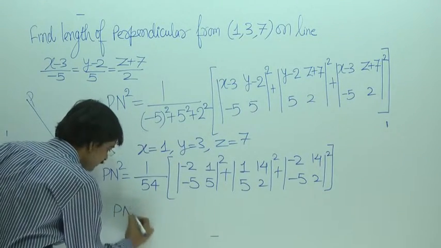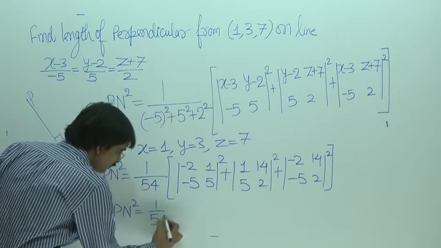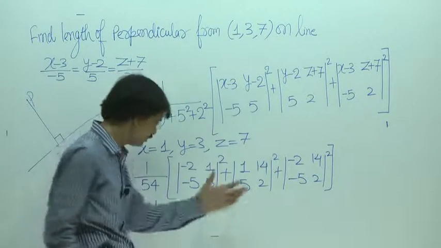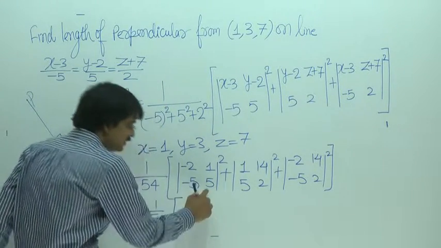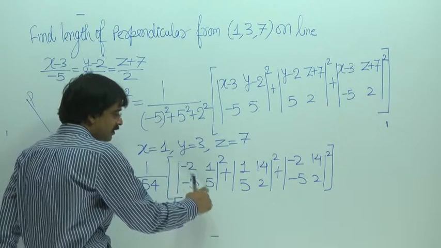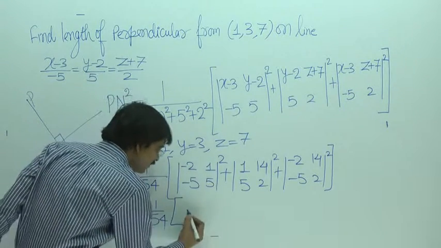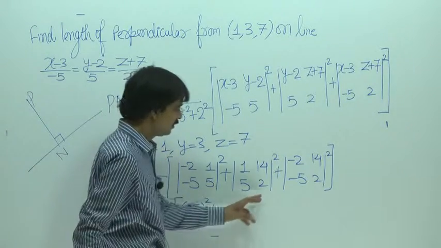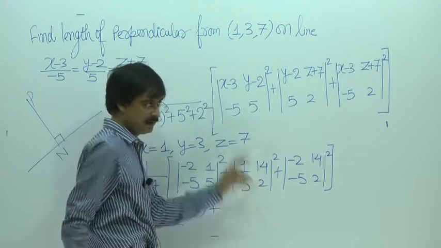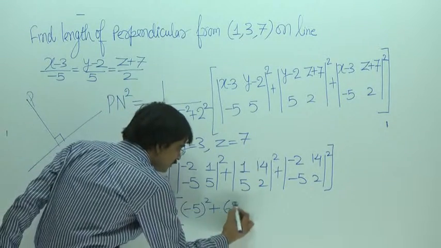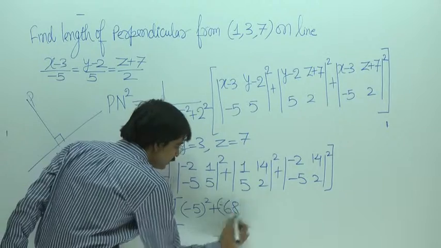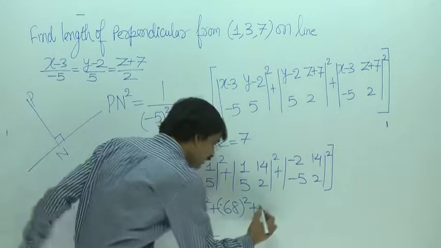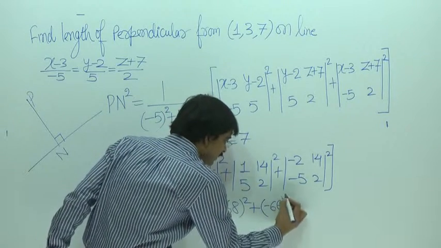So PN square is equal to 1 by 54. We can calculate this determinant easily. That's a simple determinant of order 2 by 2, which is nothing but minus 10 plus 5, which is minus 5, square, plus 2 minus 70, which is minus 68 and square of that, plus minus 4 plus 70, it is 66 and square of that.